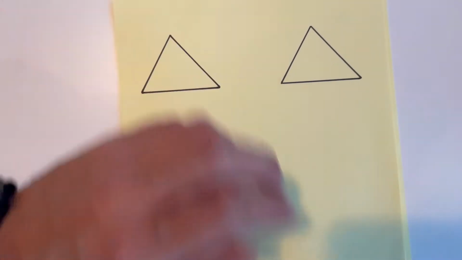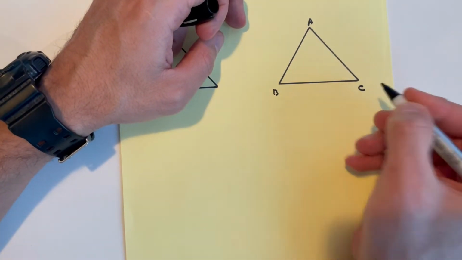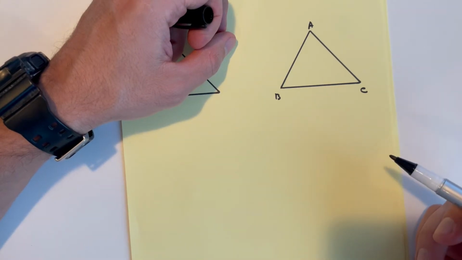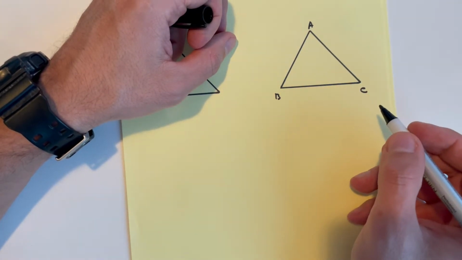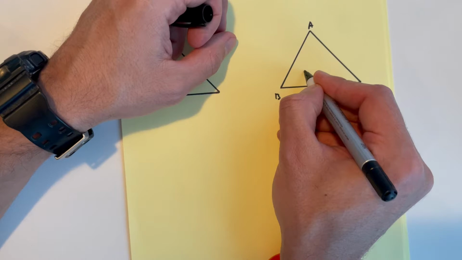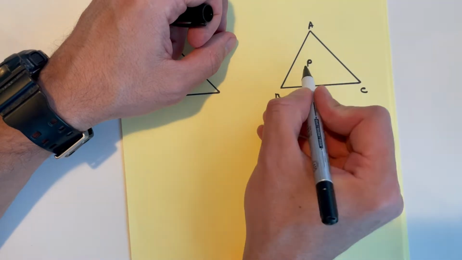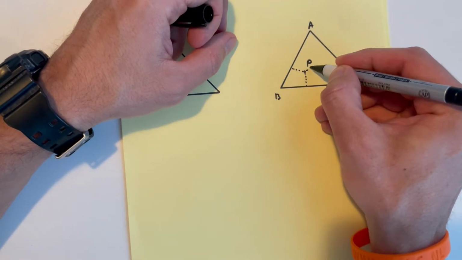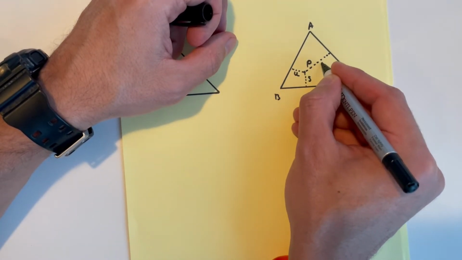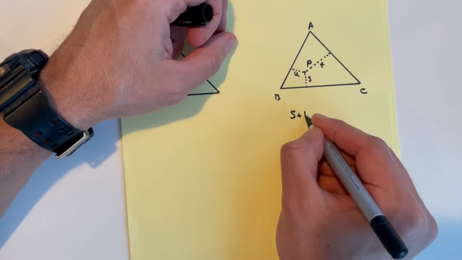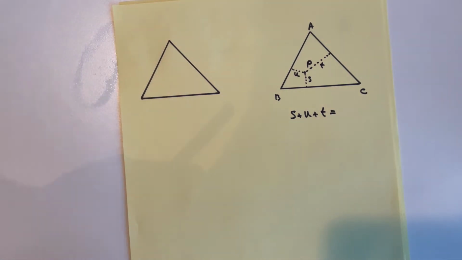So in this case, if I call this triangle ABC, and we agree that this is an equilateral triangle, then I can choose any interior point, let's say here, and call it P. The distances of this point to the sides of the triangle, let me call them S, U, and T, should sum to the height of this triangle.